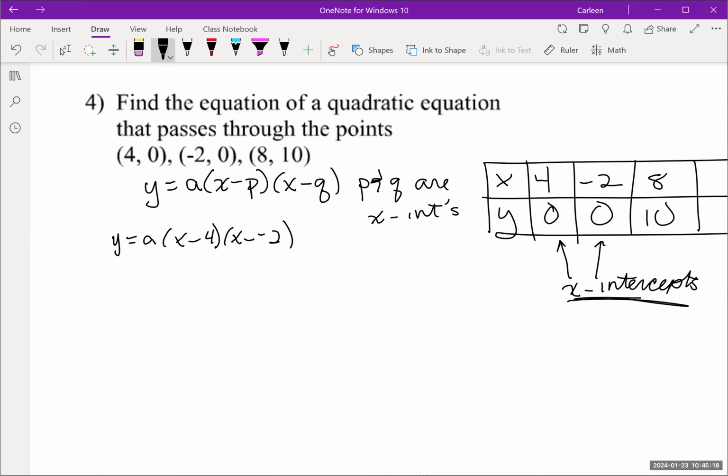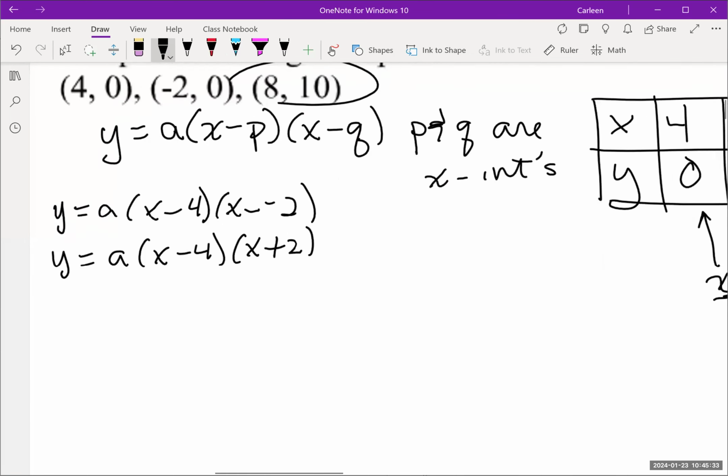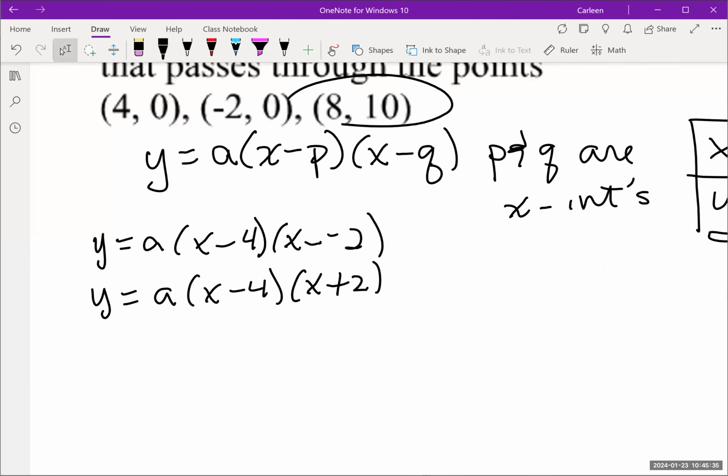So I'm going to clean this up and then I'm going to think about how to use that (8, 10). So we have y equals a(x minus 4)(x plus 2). Okay. Now, what is my next step?